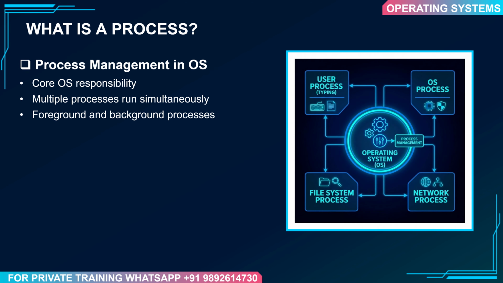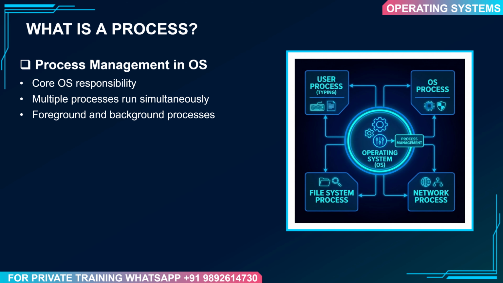Now, let us connect this with what we already learned earlier about system components. We mentioned that process management is one of the core responsibilities of an operating system. This is because a computer usually runs many processes at the same time. Even when you think you are doing only one thing, like typing in a document, there are many background processes running. The operating system itself runs processes, the file system runs processes, network services run processes.